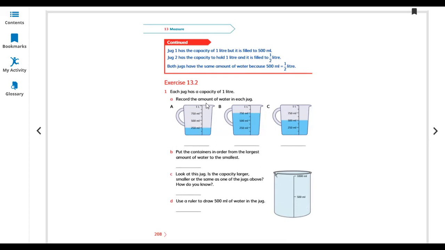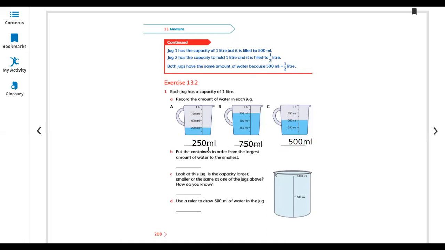Record the amount of water in each jug. Very easy. It's written already. Here it's 250 ml. So we can write it down, 250 ml. This is 750 ml. And this is 500 ml, or half a liter.